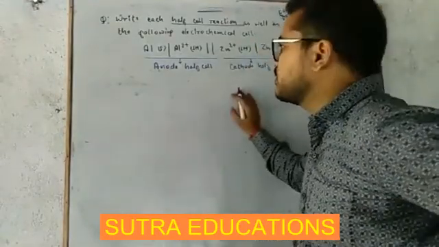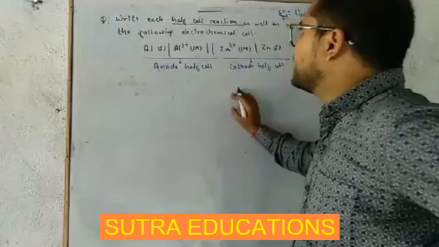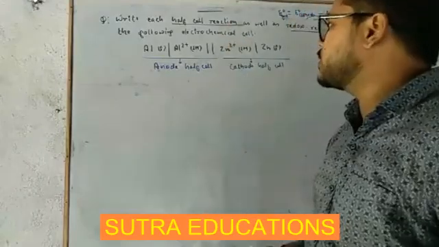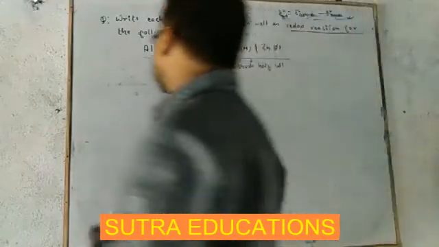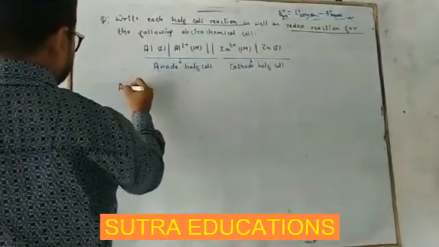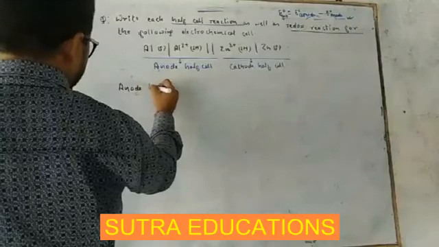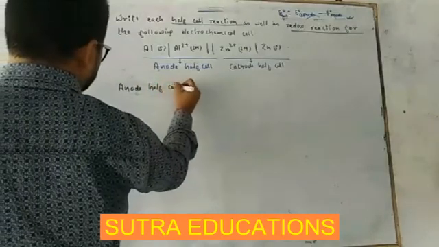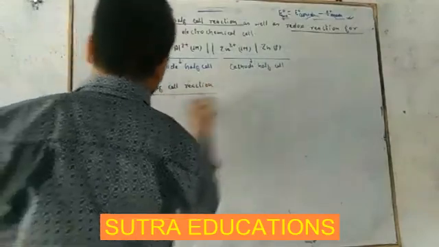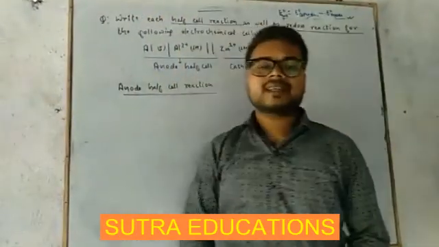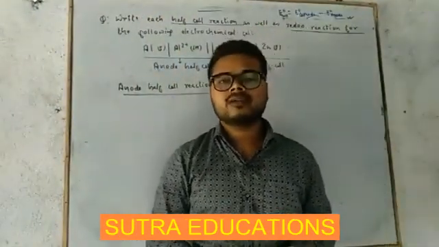So we have to write the half cell reactions. I am going to write the anode half cell reaction, then the cathode half cell reaction. What happens at the anode? At the anode, oxidation takes place.